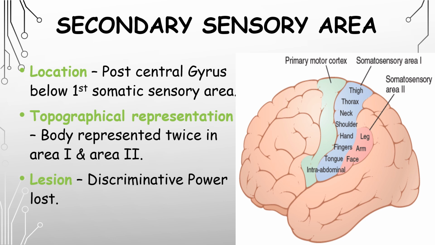So the body is represented twice in the somatosensory area. A lesion of the secondary sensory area produces a defect in discrimination power, whereas sensory processing in the primary sensory area is not affected.